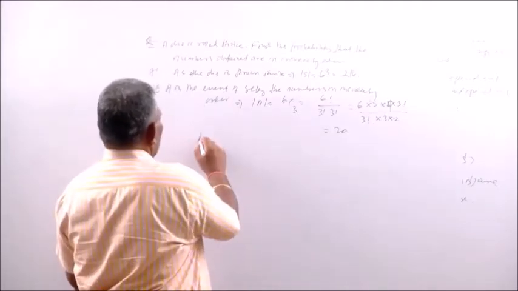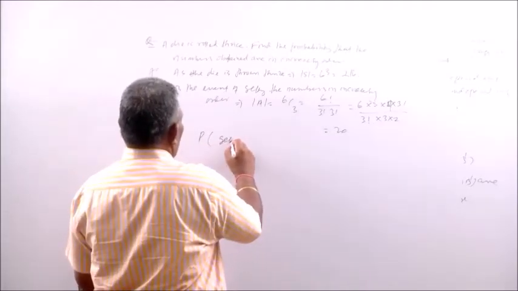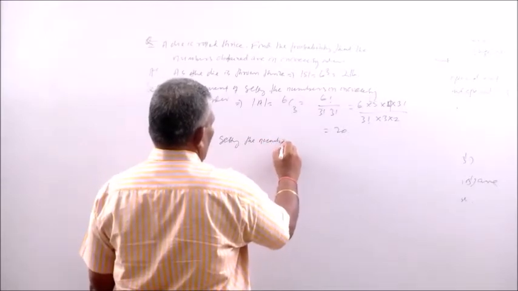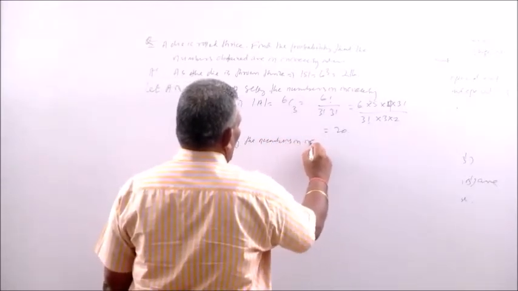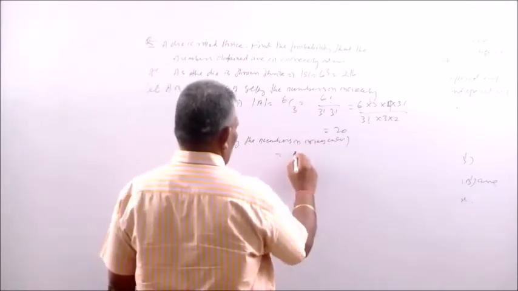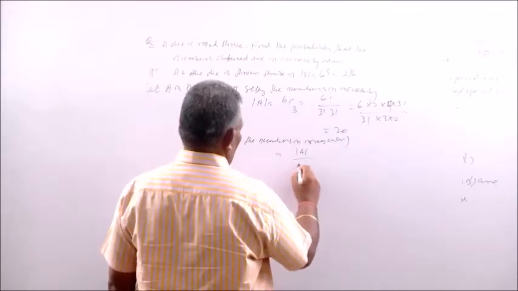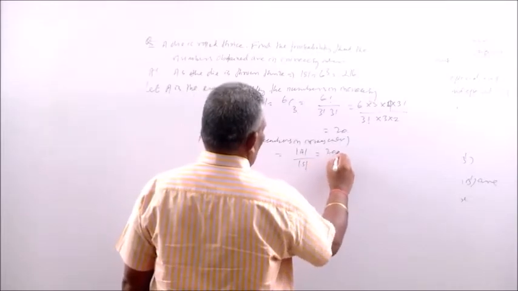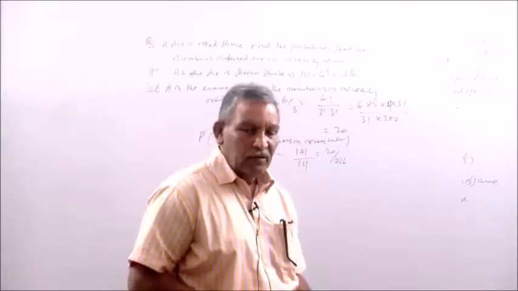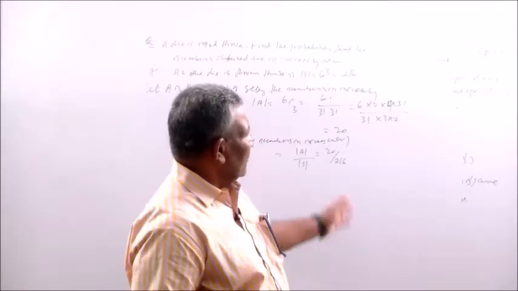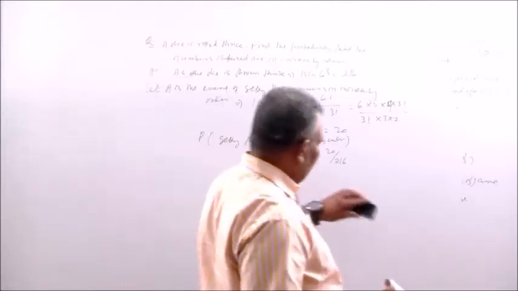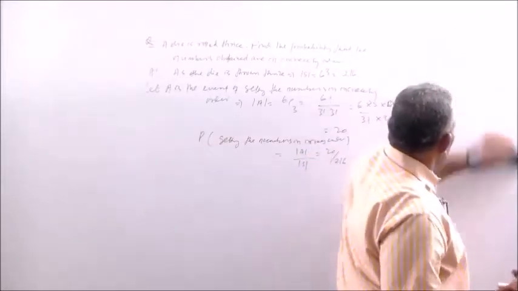So the probability of getting the numbers in increasing order equals cardinal of A by cardinal of S, that is 20 by 216. Or, as I have told, you can solve this problem by writing all the elements in increasing order, and it will be a time taking process.